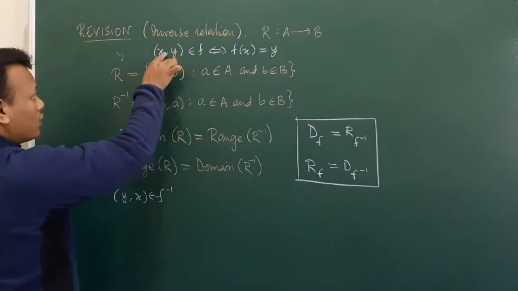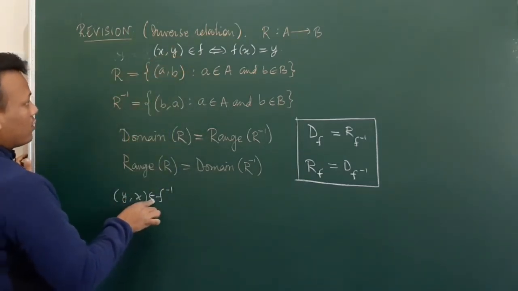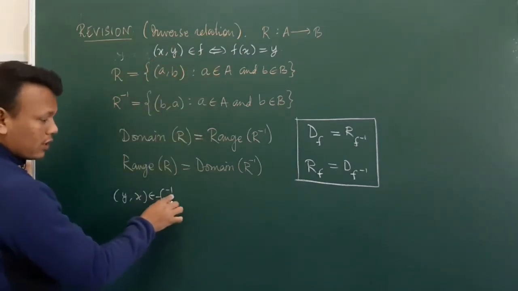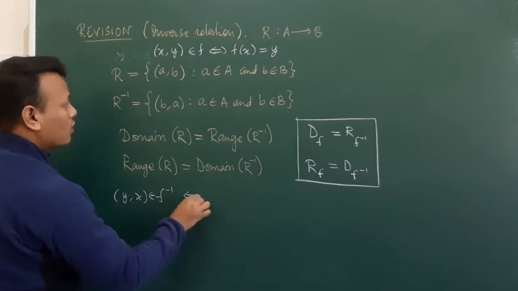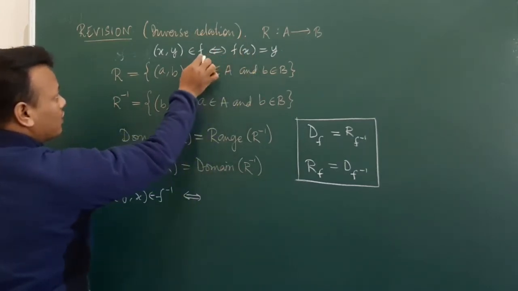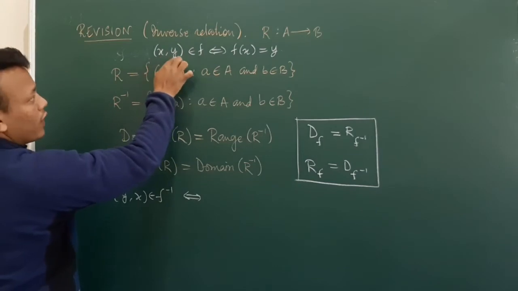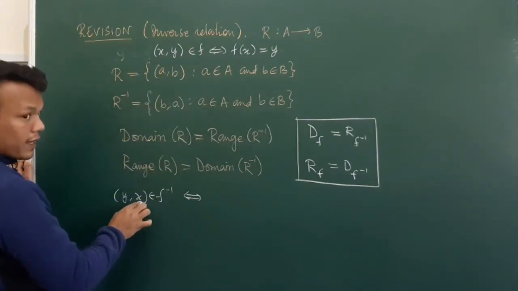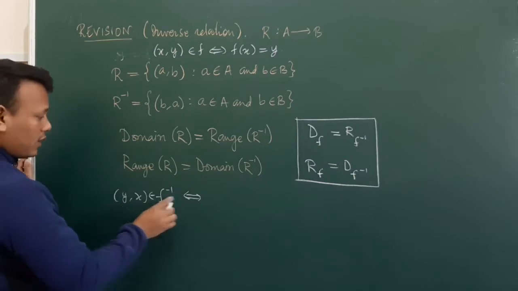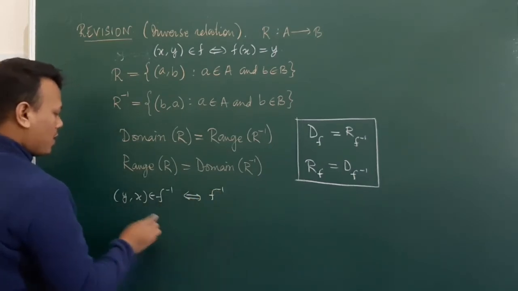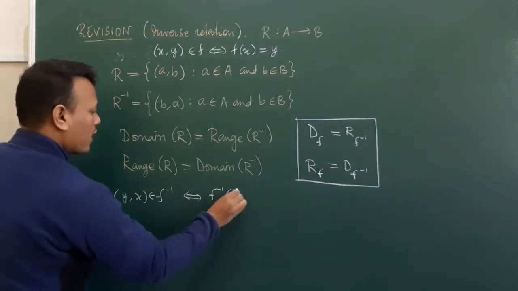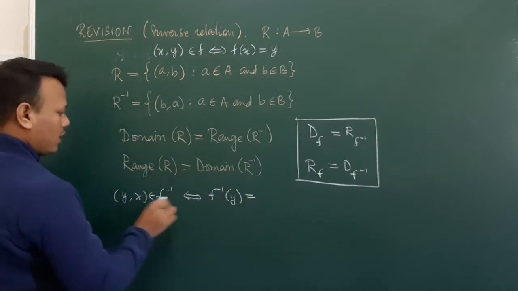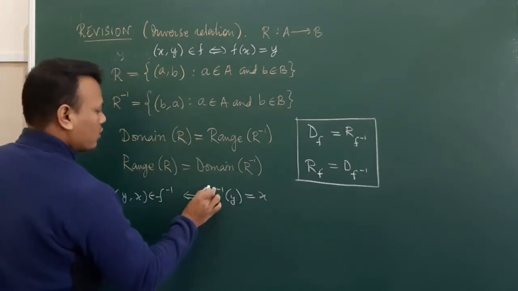So if I reverse the order, this becomes (y, x), and this must belong to f inverse. Now, if f is mapping x to y, then f inverse maps y to x. So f inverse maps y and gives me x. That's what you need to understand.